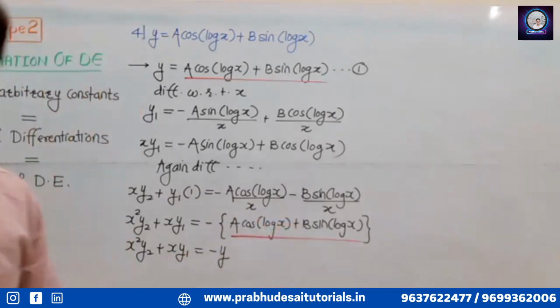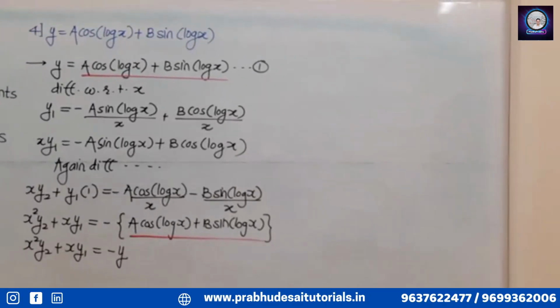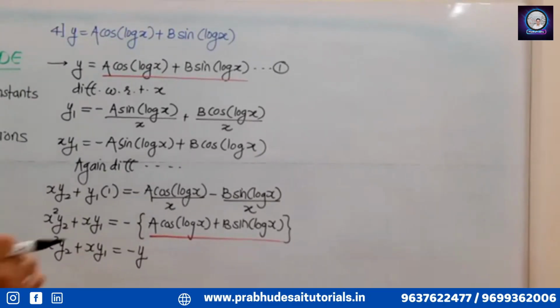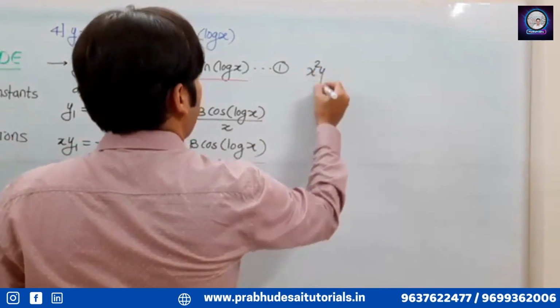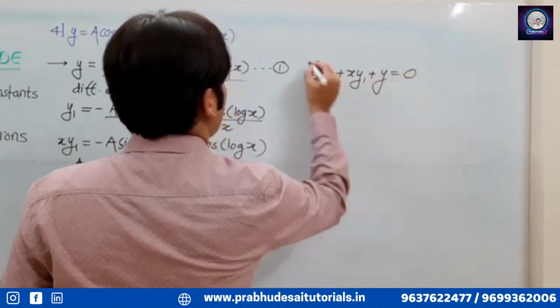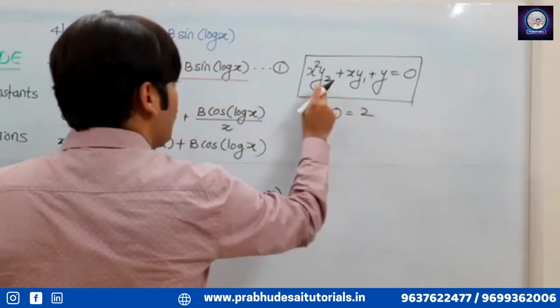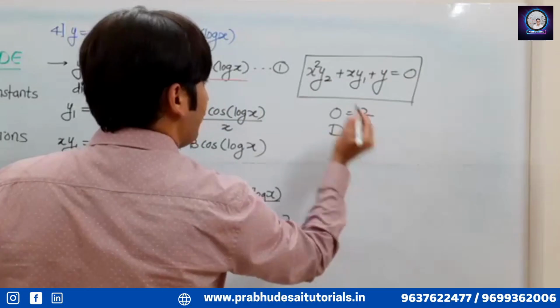So your final answer is x squared y2 plus x y1 plus y is equal to 0, having order 2 and degree 1.